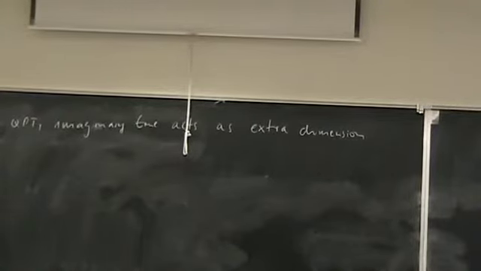And if we are somewhat sloppy and don't think about the caveats, which I will be talking about in a second, we can say that the quantum phase transition in d dimensions is equivalent to a classical transition in d plus 1 dimensions.